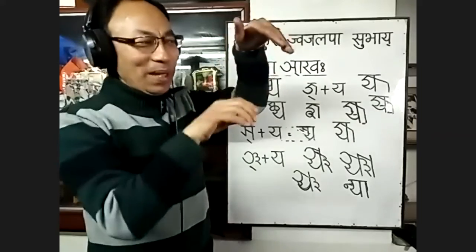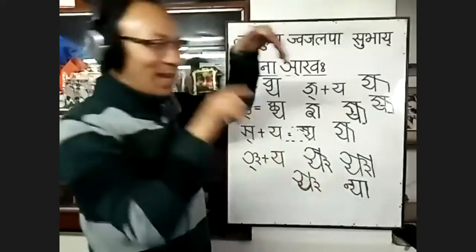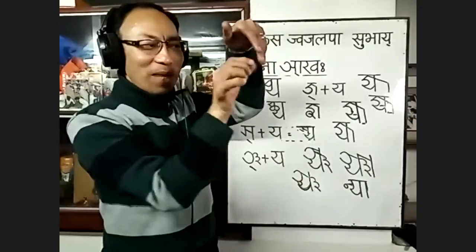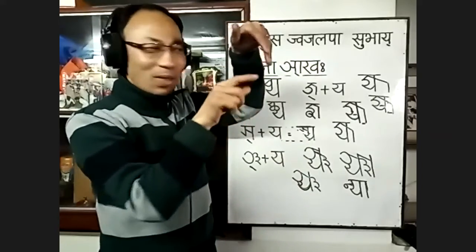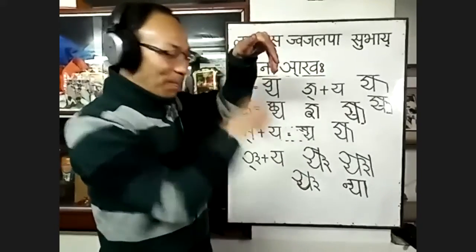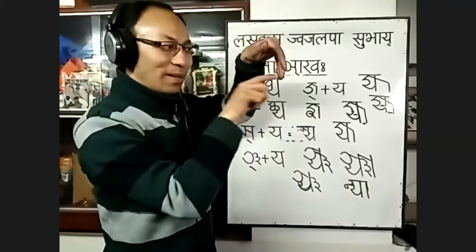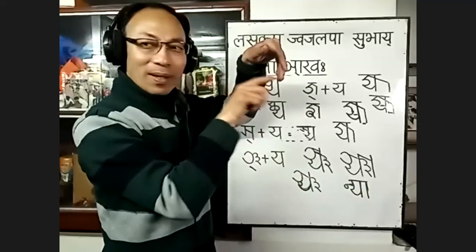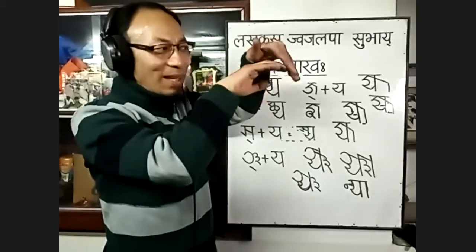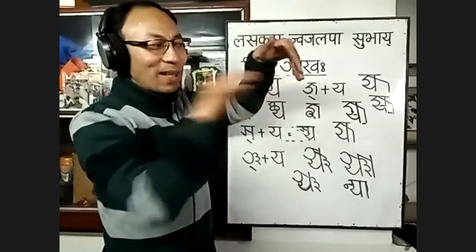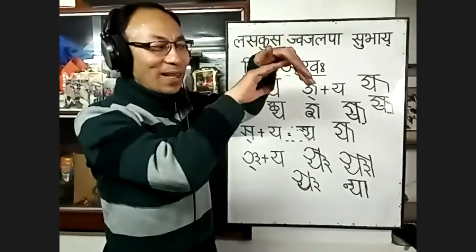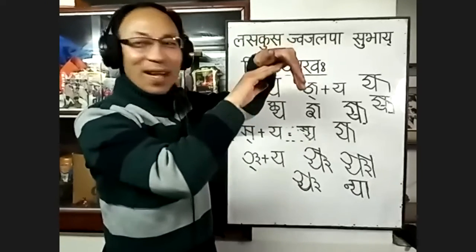But for this nya, assume that here are your teeth. So when you pronounce this nya, you hit your tongue here, nya, and nya, nya and nya.